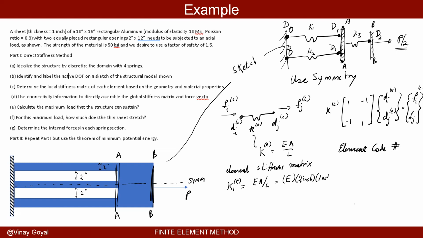So the area for the first element is 2 inches by 1 inch, right? The Young's modulus, we have the information, and the length of that is 12 inches, right? For the second element, the only change is instead of 2 inches, we have 1 inch because we are considering the symmetry condition.